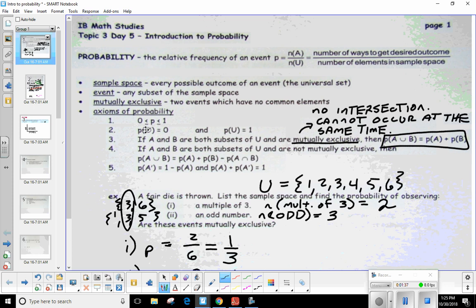If they're mutually exclusive, then the probability of the union of the two events is just the probability of the first plus the probability of the second. If they are not mutually exclusive, that means there is an intersection. Then in order to find the probability of the union, we have to subtract off the intersection. And that's actually what this one little packet is going to help us with today, to see that a little more clearly.